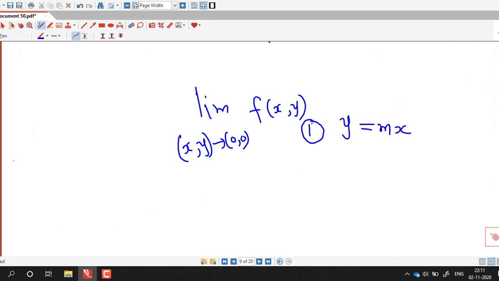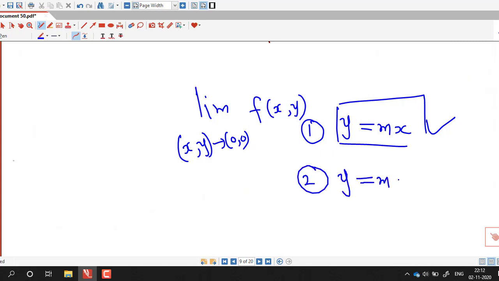First we will put y equal to mx, that is, we are taking limits along lines passing through the origin. If the limit along this line is a function of m, or if the limit depends on m, then we say that the limit does not exist.